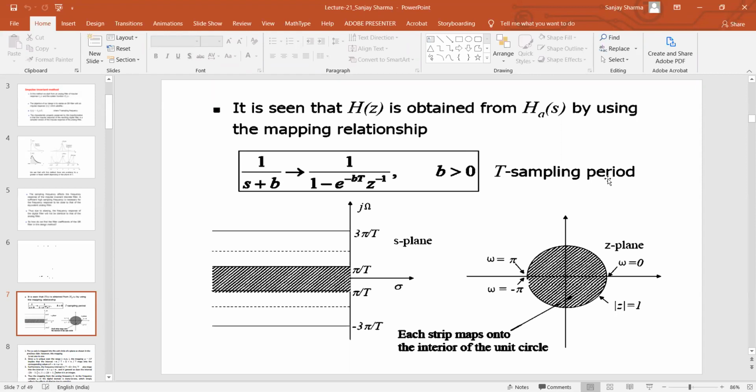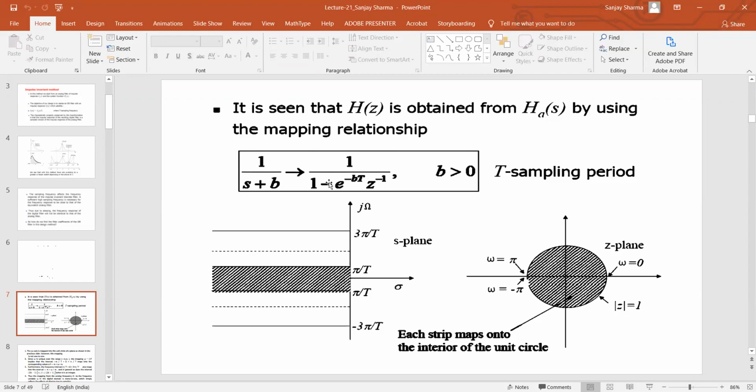Now let us try to understand the problem in the impulse invariant method. So this graph is the S plane, right? The x-axis of the S plane is sigma, the y-axis is j capital omega, which is the analog frequency in the S plane.